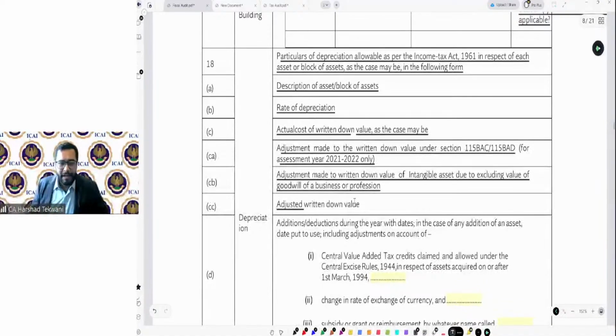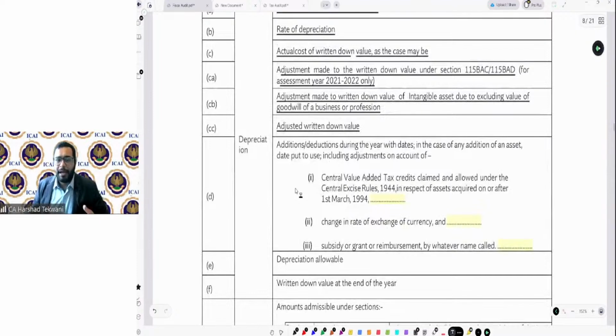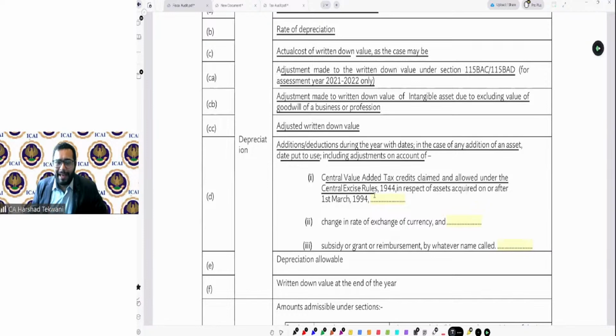Then you have adjusted WDV after all these adjustments. Then you need to provide the details of additions or deductions during the year with the dates. In case of any addition of the asset, then the date put to use, including adjustment on account of CENVAT or excise, or now it will be GST, changes in the rate of exchange of currency, subsidy or grant by whatever name called.